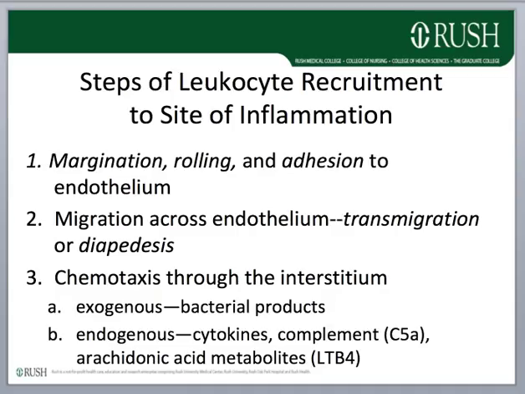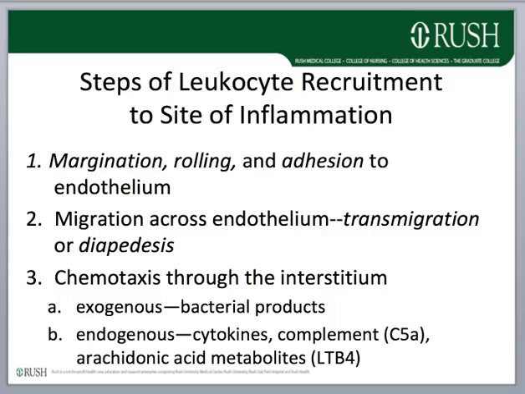The third step is migration in the tissues toward a chemotactic stimulus. After exiting the circulation, leukocytes move in the tissues toward the site of injury by a process called chemotaxis, which is defined as locomotion along a chemical gradient. Both exogenous and endogenous substances can act as chemoattractants.